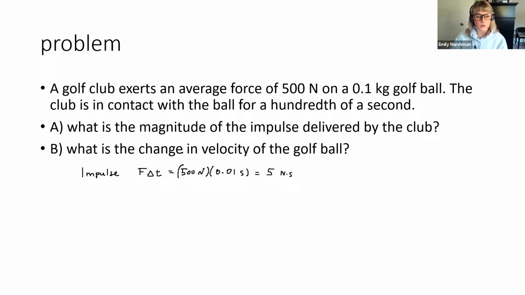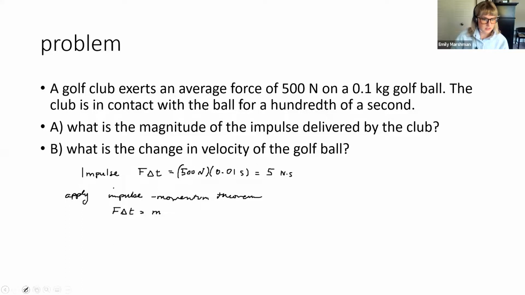Let's figure out, what is the change in velocity of the golf ball? Let's apply the impulse momentum theorem. F delta t is equal to the change in the momentum of the object, delta p.